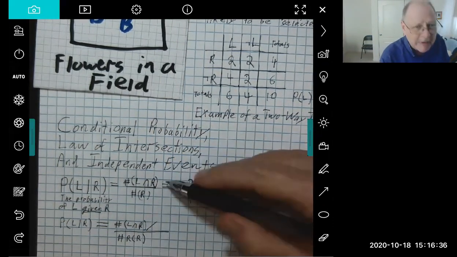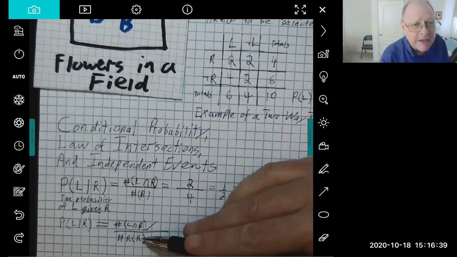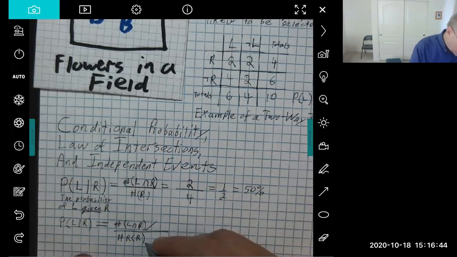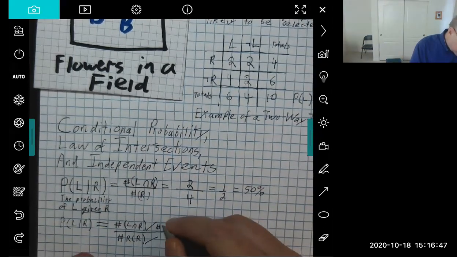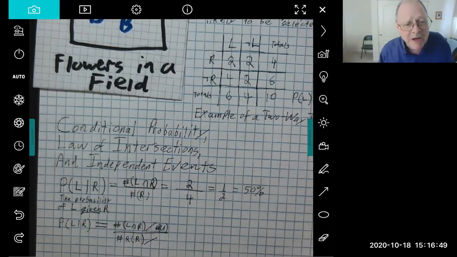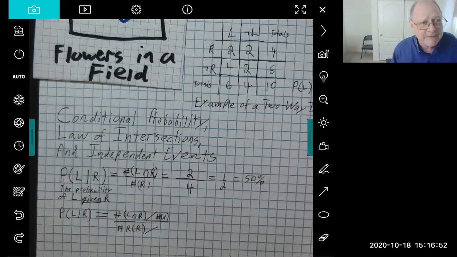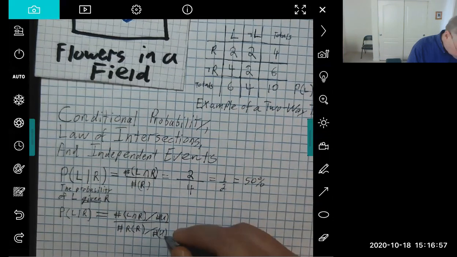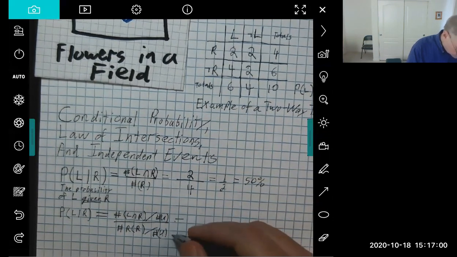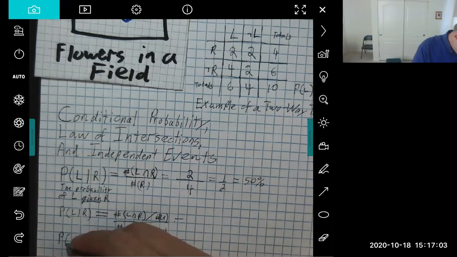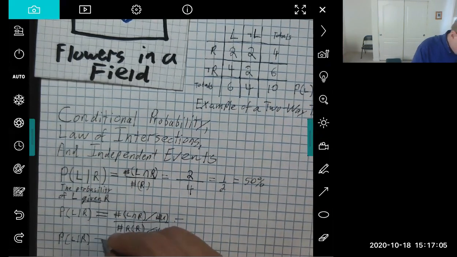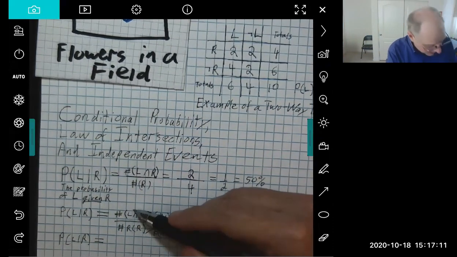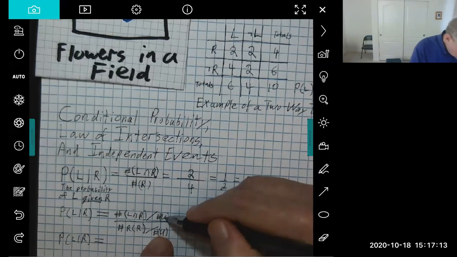I took the number of large red flowers divided by the number of red flowers, but if on the top and the bottom, both, I divide by the total number of flowers, the size of the sample space. See, now what I've got on top is the number of large red flowers divided by the total number of flowers.